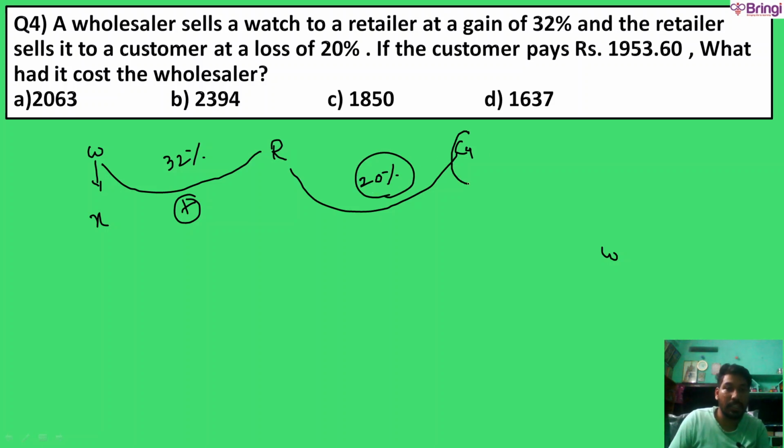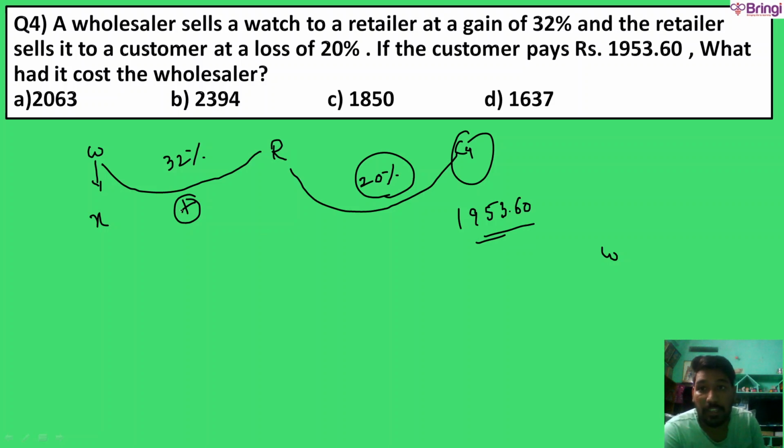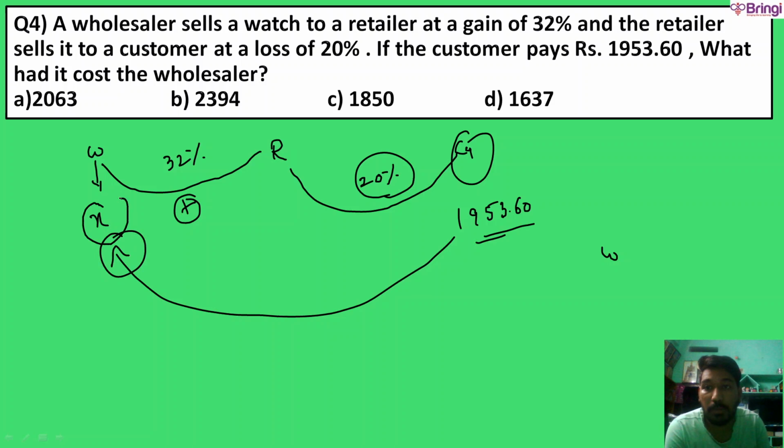The customer purchases it for 1953.60. They are asking what it cost the wholesaler, that is, the value of X, the price at which the wholesaler purchased the product.